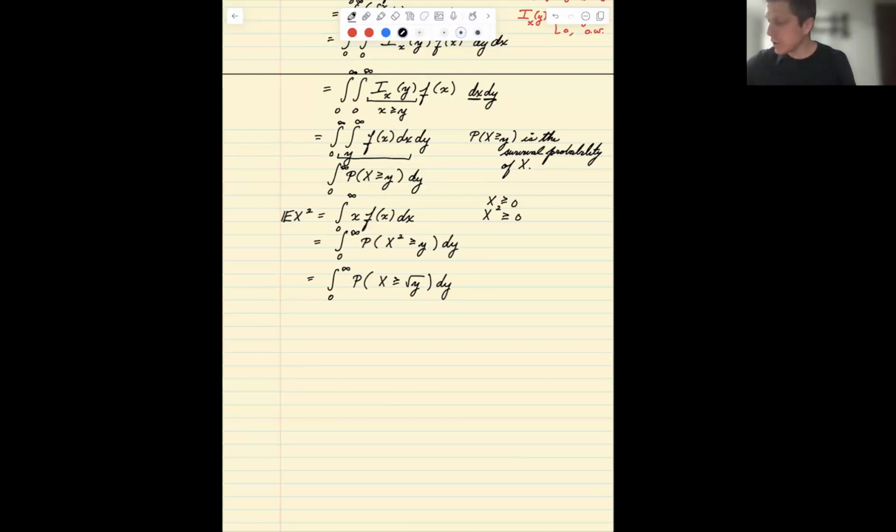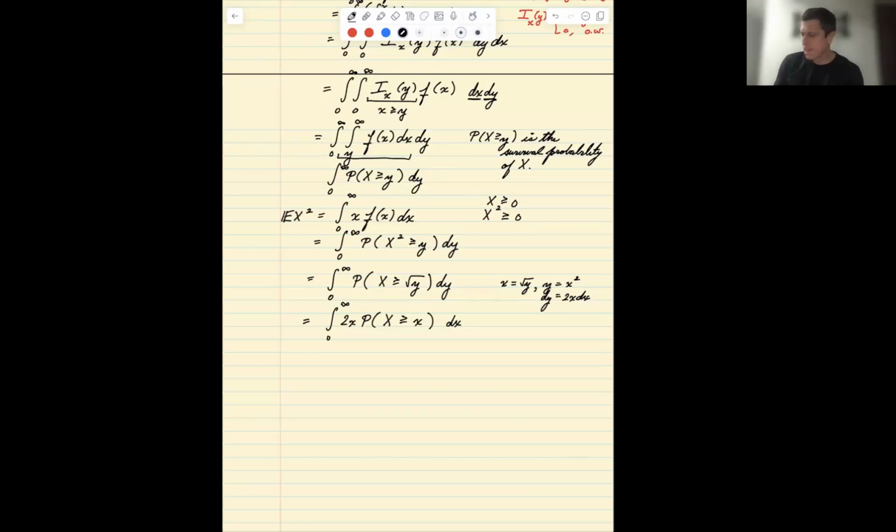Now, if we introduce a change of variables, calling x the square root of y, that means y is equal to x squared and dy is equal to 2x dx. Then we still go from 0 to infinity, substituting dy, we have 2x dx times the probability x is bigger than or equal to x.